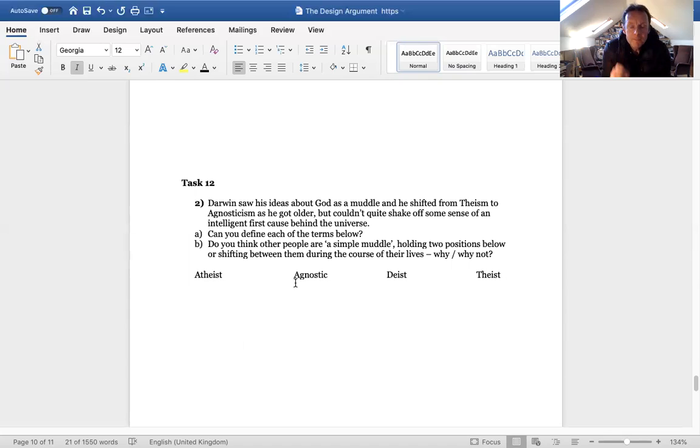So in this, as he got older, but couldn't quite shake off some sense of an intelligent first cause, can you define the terms below? And do you think other people are a simple muddle, holding to two positions or shifting between them?